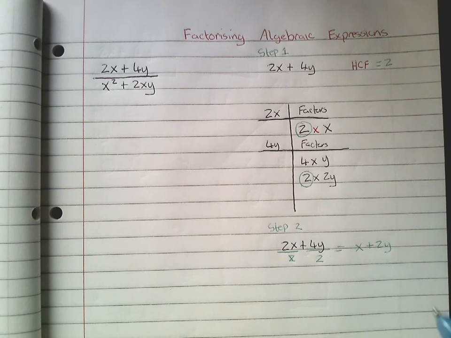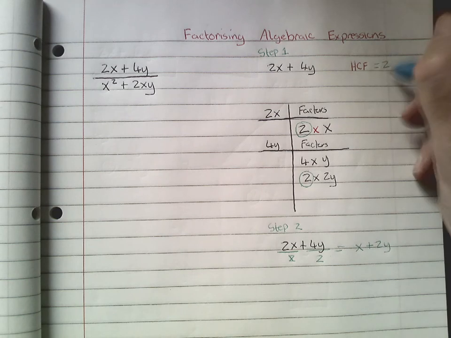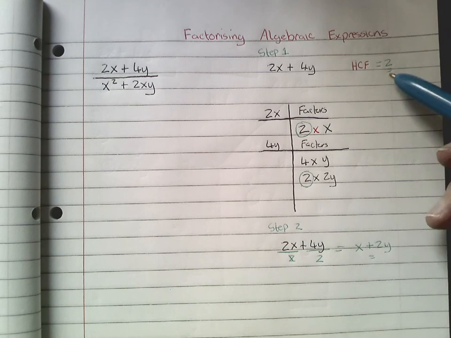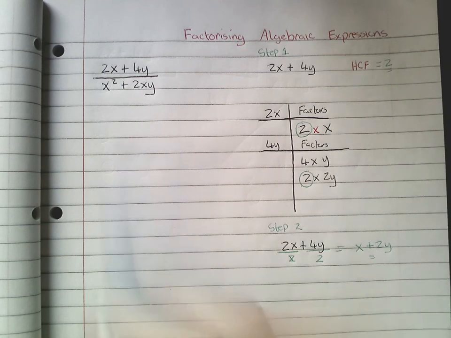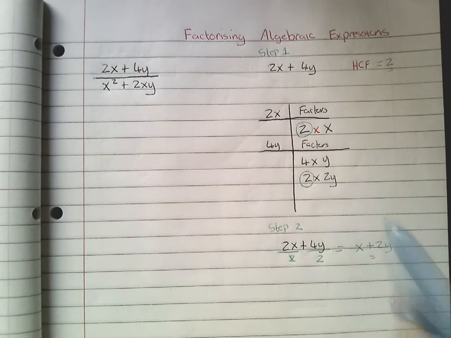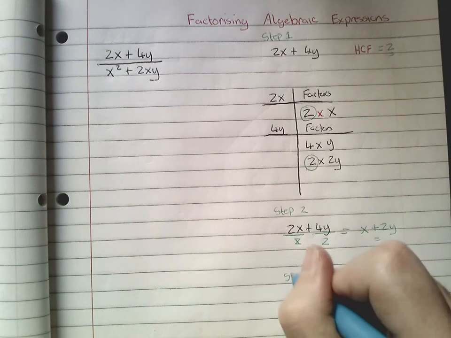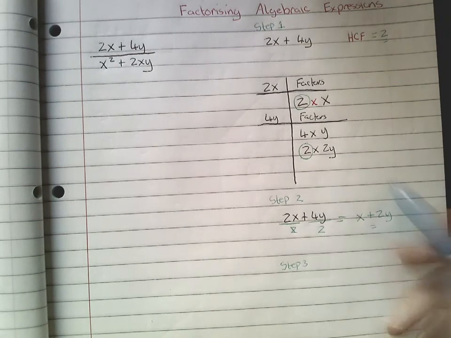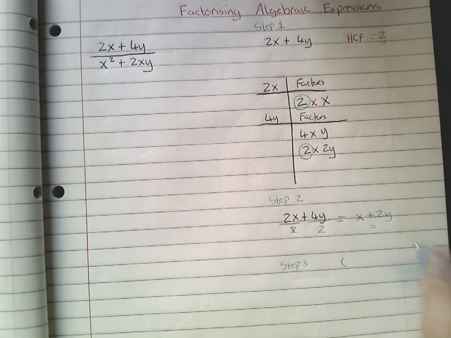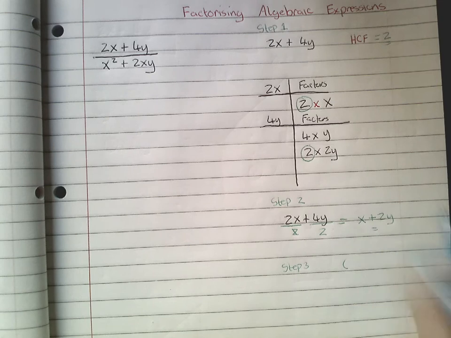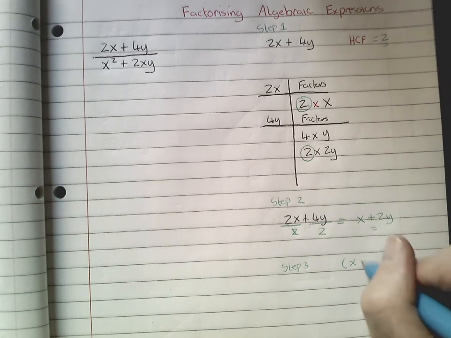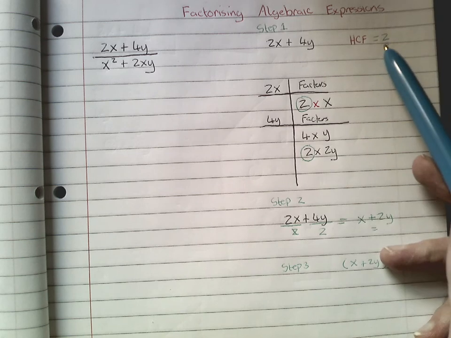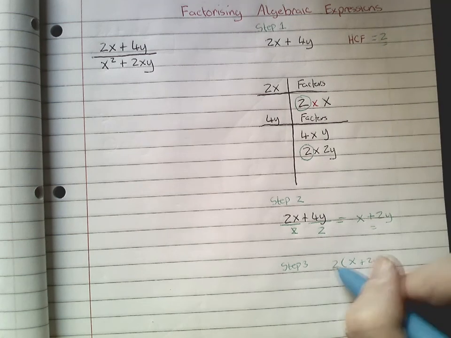Now in order to factorize this, step 3 is you're going to have a bracket, and inside the bracket you put this part, x plus 2y, and then outside the bracket you put this part, 2.